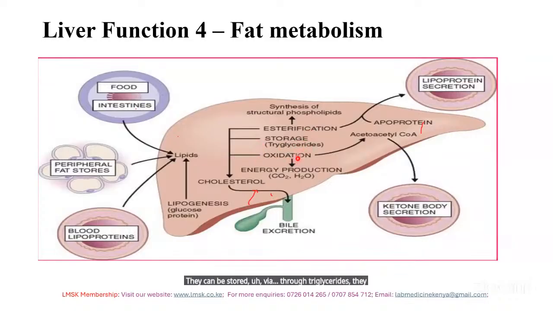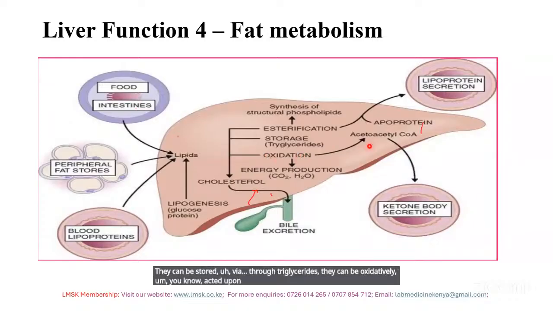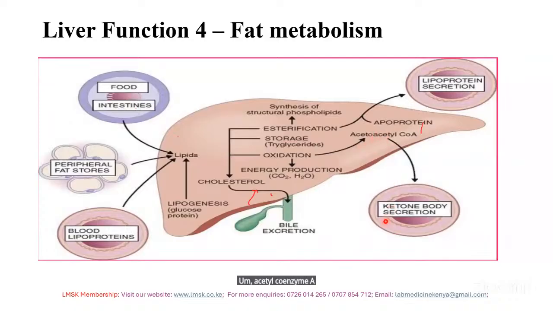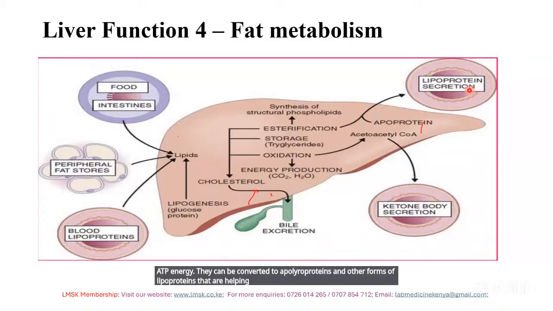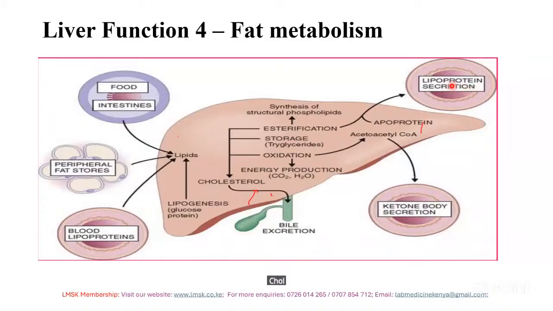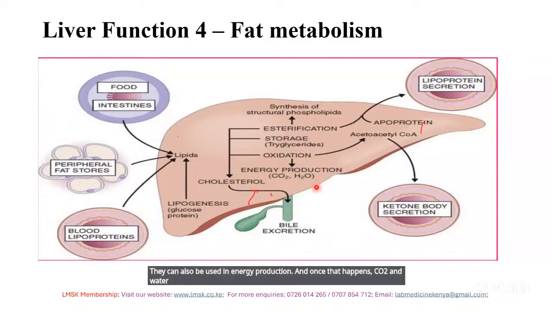They can be oxidatively acted upon to release acetyl coenzyme A, which is very important in the production of ATP energy. They can be converted to apolipoproteins and other forms of lipoproteins that help in carrying cholesterol and triglycerides away from and towards the liver in the body. They can also be used in energy production, and once that happens, CO2 and water are released as a byproduct.